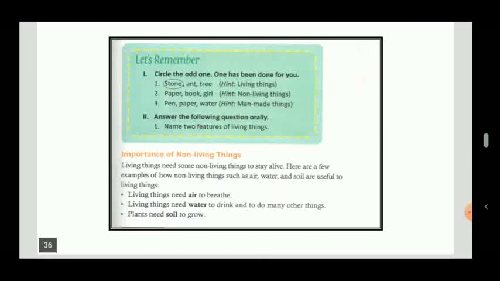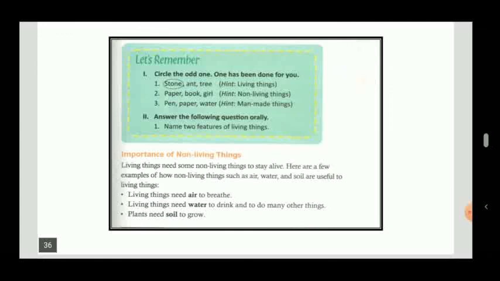Here are a few examples of how non-living things such as air, water and soil are useful to living things. Living things need three things which are non-living. For example, living things need air to breathe. Air is a non-living thing.